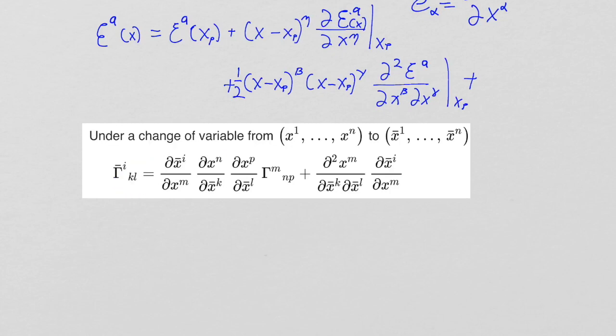So this is the transformation expression between two coordinate systems for the Christoffel symbol. Now you'll notice here, this guy uses the gap notation. So be it. It's not important. This is still the relationship that we're interested in.